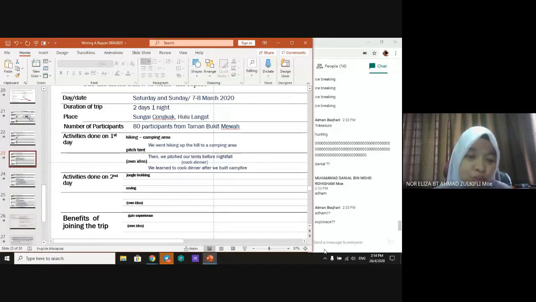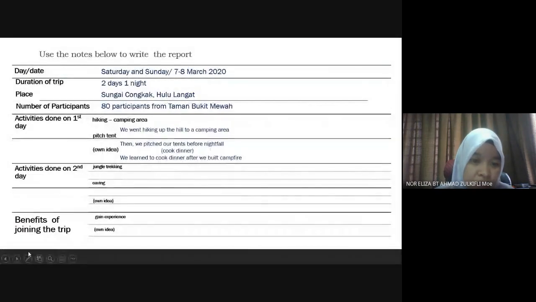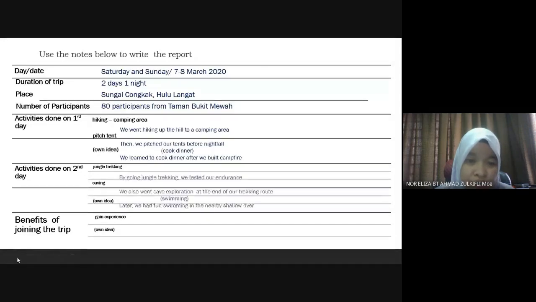Okay, let me just show you what I have here. For the second day, we have jungle trekking. By going jungle trekking, we tested our endurance. We also went cave exploration at the end of our trekking route. And of course, my own idea is swimming, especially when you go to Sungai Congkak, everybody.